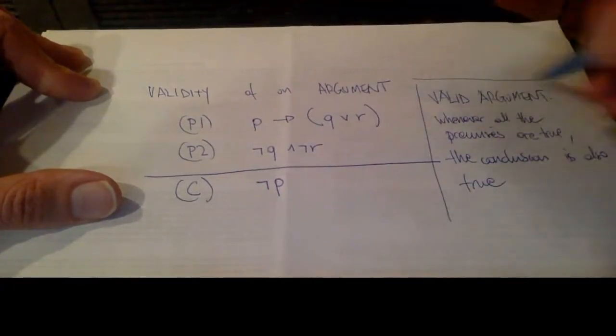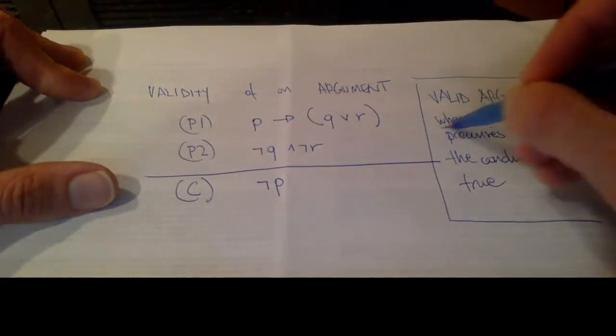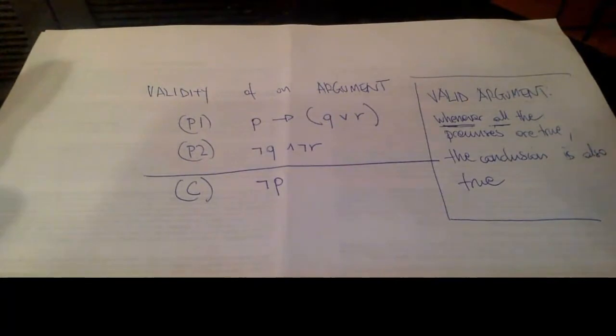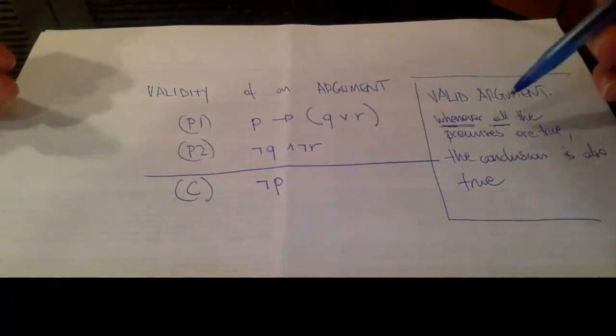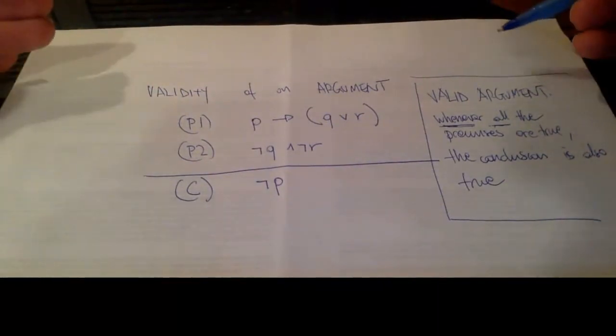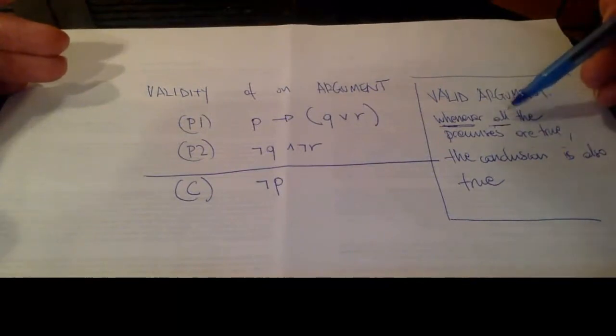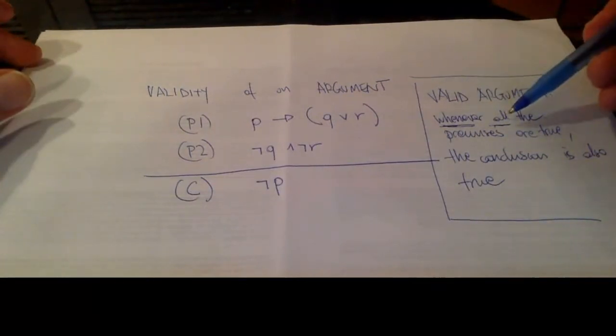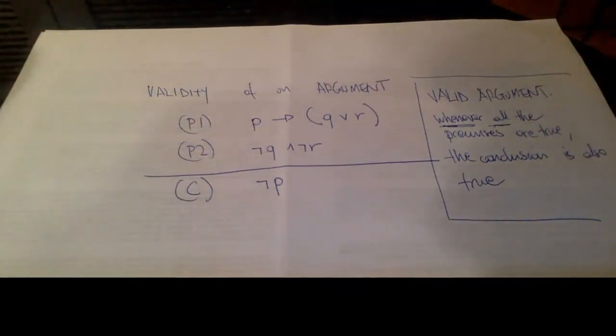So that's our definition of valid argument. Whenever all the premises are true, the conclusion is also true. So we need to check all the situations in which all the premises are true and check whether the conclusion is also true. If there is some situation in which all the premises are true and the conclusion is false, that makes the argument invalid.